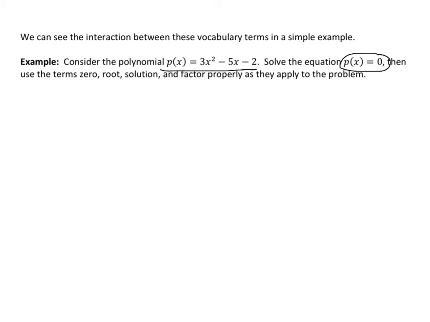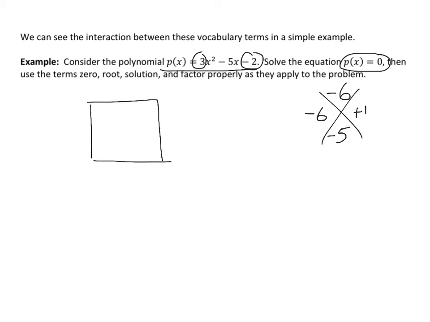So to factor this polynomial, many of you use this method where you want to find two numbers that multiply to -6, that's -2 times 3, and add to -5. So those two numbers are -6 and +1. And then you build your box off of this to figure out how this is going to come apart.